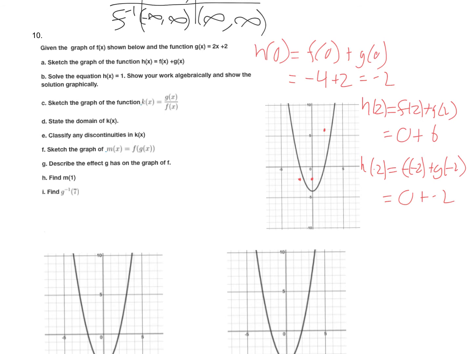So I'm going to do h of negative 1 here. f of negative 1 plus g of negative 1. f of negative 1 seems to be negative 3 from the graph there. g of negative 1, if I plug into the equation rather, would be 0.